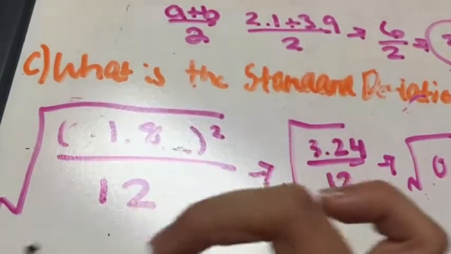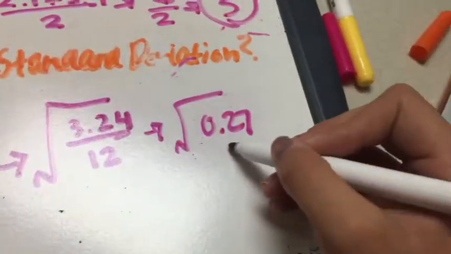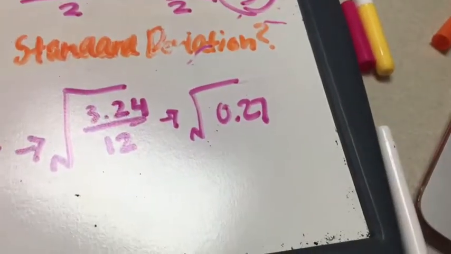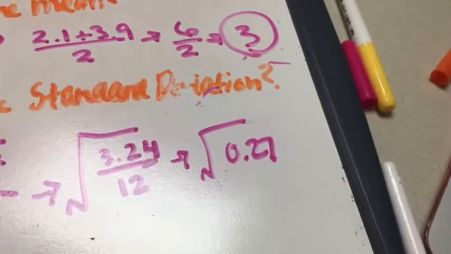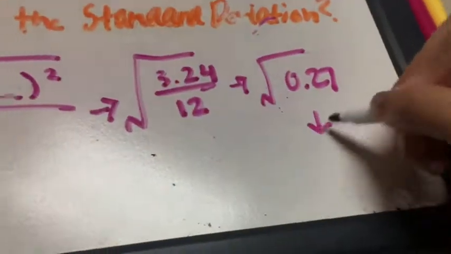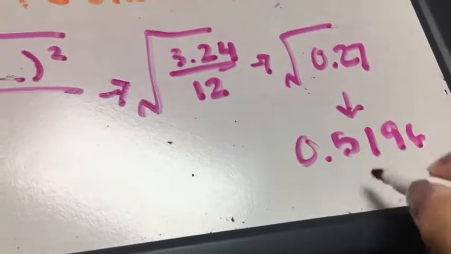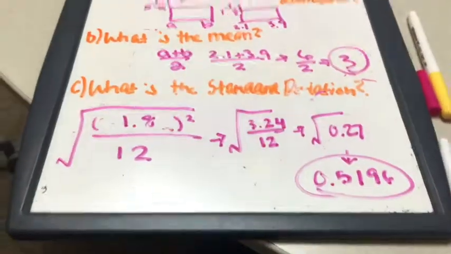You only do the square root at the very end, after you finish with all of this. And the square root of 0.27 is going to be 0.5196. And that's your standard deviation.